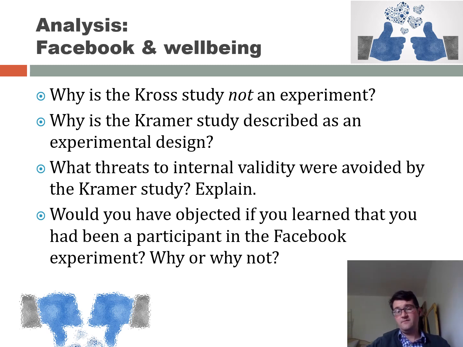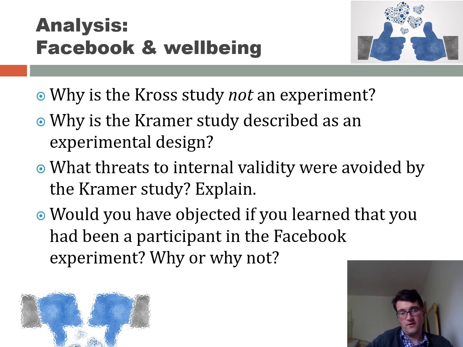The trouble is it could go either way. With the non-experimental design in the Cross study, maybe when you're in a bad mood, you go on Facebook to try to feel a little bit better, as opposed to going on Facebook and it making you feel worse.